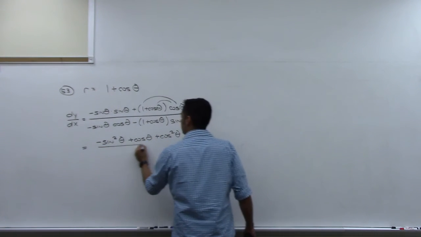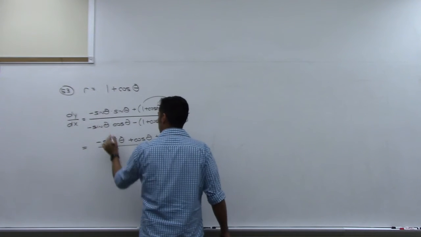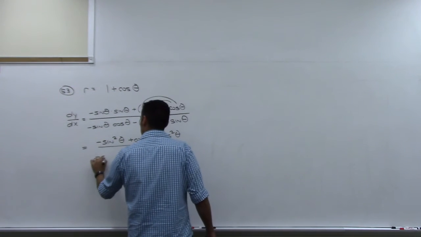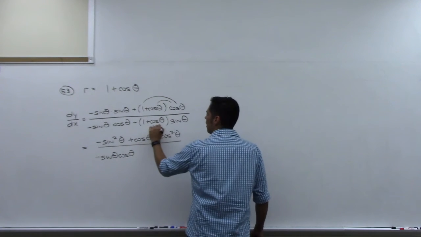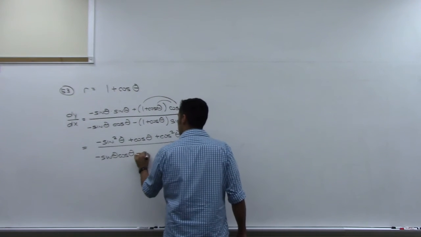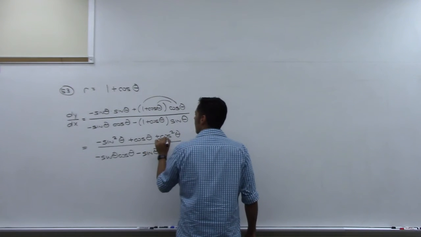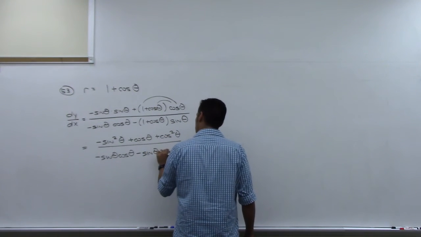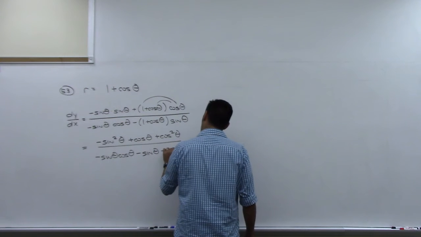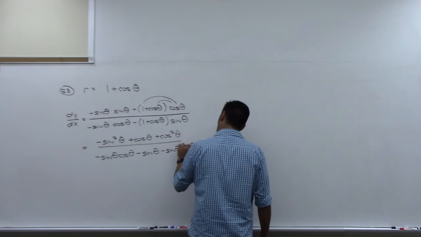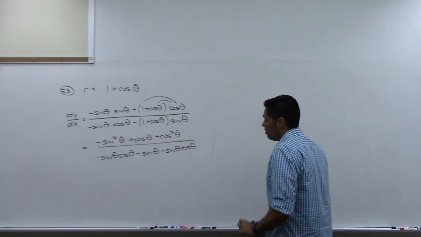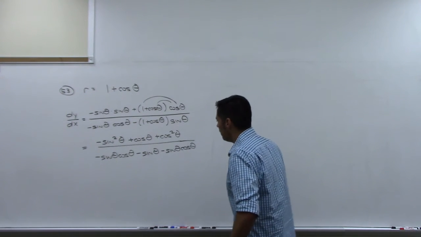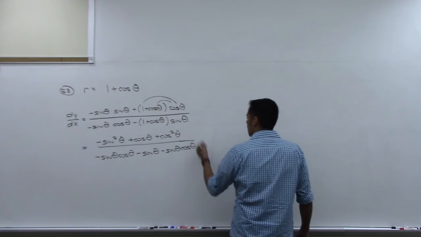And then on the bottom, distribute here and then pass the negative through. So negative sine theta and minus cosine theta, sine theta. So sine theta, cosine theta. Okay, that's my denominator. Unfortunately, those don't really clean up that much more. Let me just leave it like that.